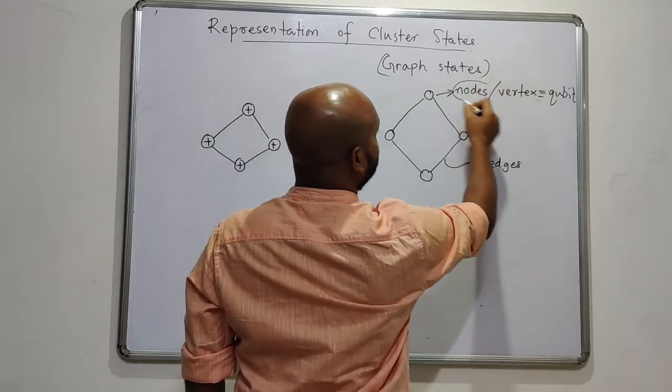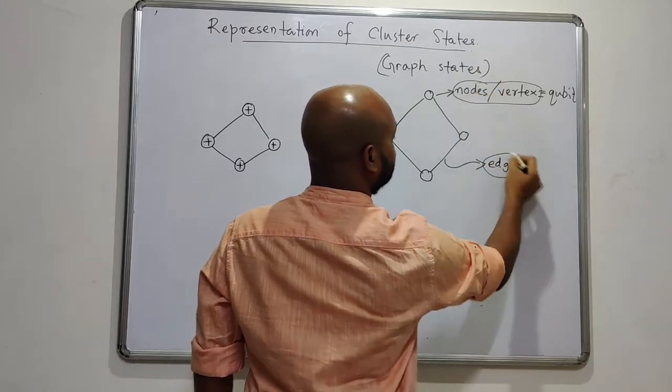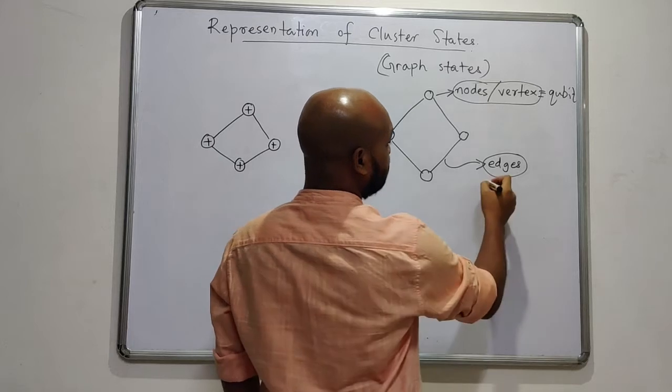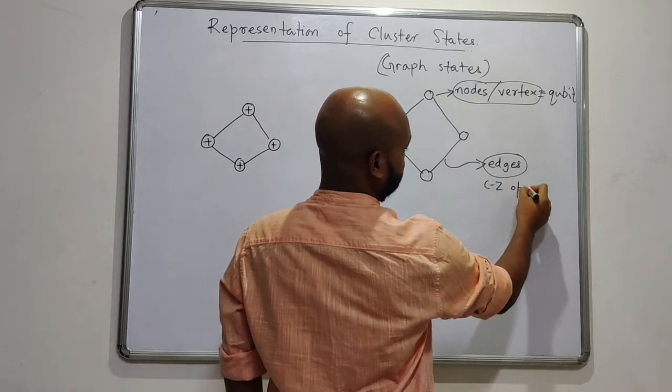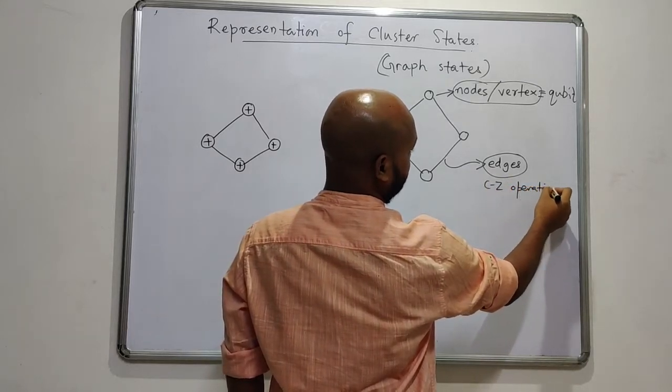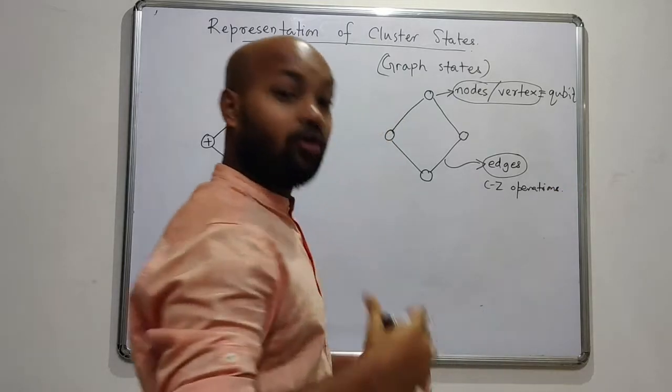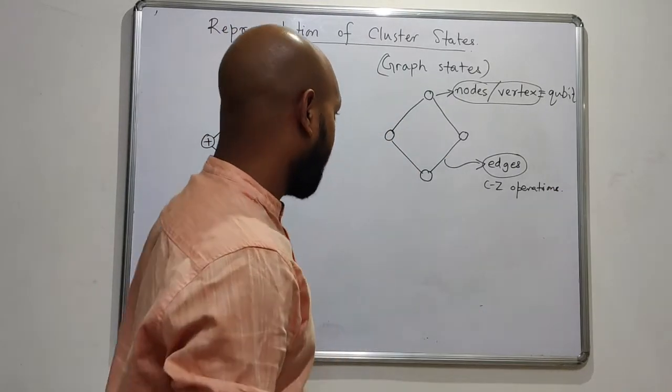So nodes, vertex and edges. Edges denote the CZ operations, or the entanglement between them.